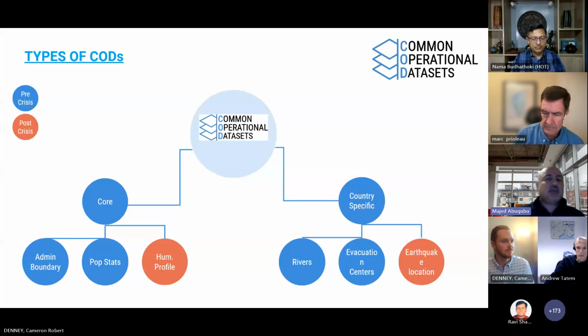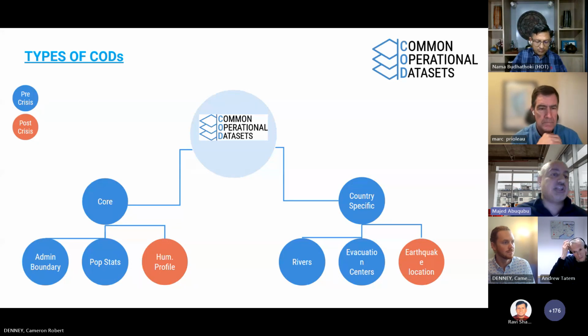So there are different types of common operational data sets. The first one is the core, which is the admin boundaries with its 3-4 levels. The population statistics. It's really very important to have the population statistics, and those could be aggregated by gender, by age, by different groups of people. The humanitarian profile, I'll speak on it in a minute.